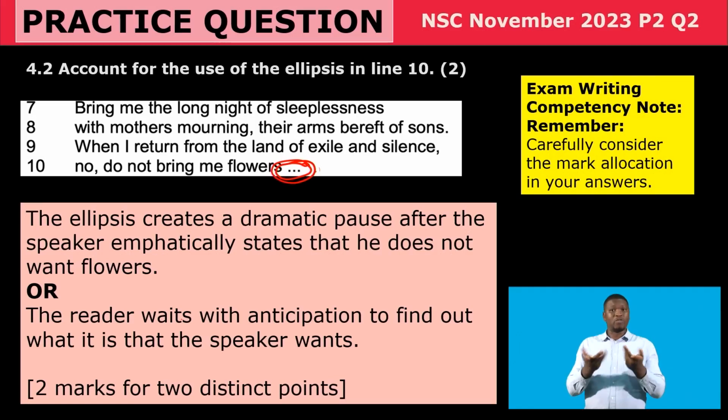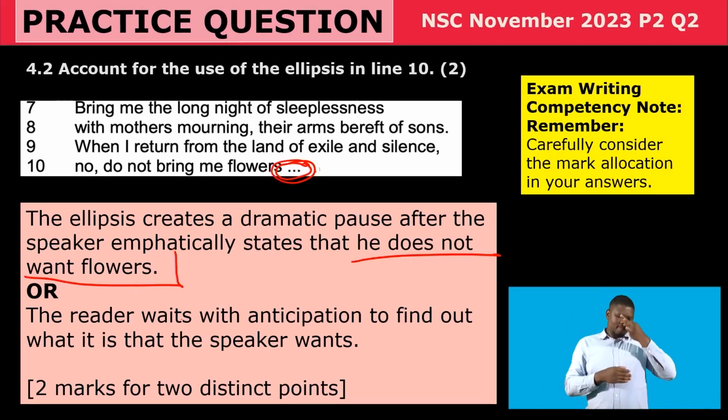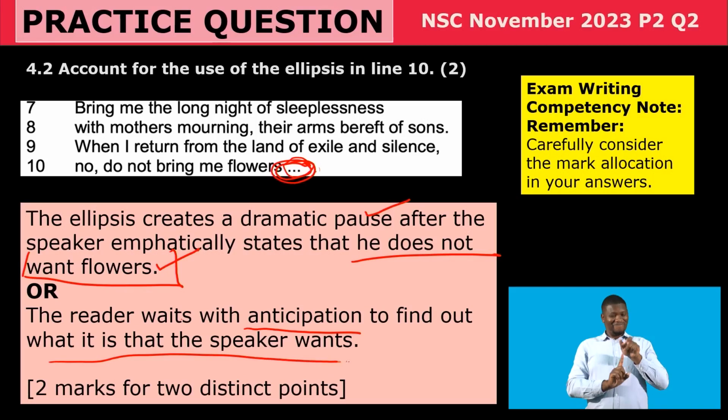In this instance, it is focusing on the fact that he does not want any flowers. So you'll be credited for the dramatic pause, but also by stating that he does not want any flowers. Or you could say that the ellipsis creates a sense of anticipation to find out what it is that the speaker actually wants, seeing as he does not want flowers.